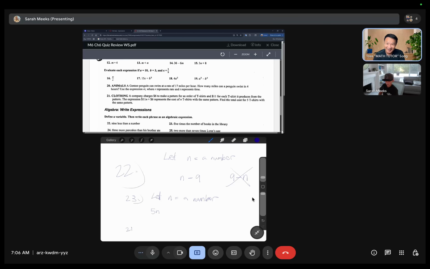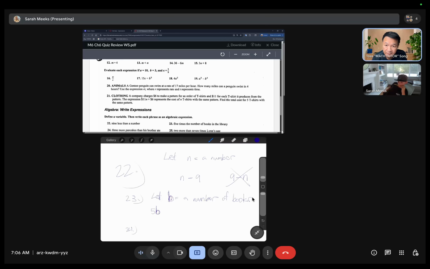Anyway, B times 5, because I did B for books. So that means you have to come back up here and say, let B equal a number of books. Go ahead and modify the defined variable part: let B equal a number of books. Then you say 5B.